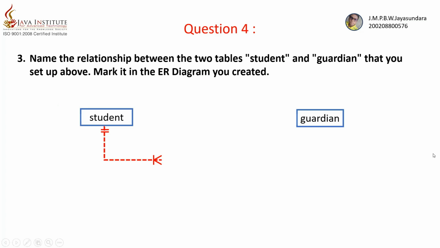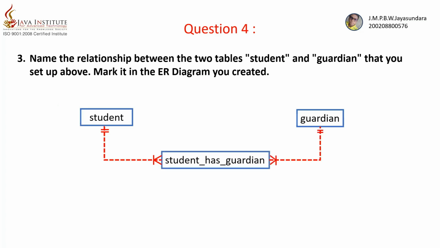When we create a many to many relationship between tables, it's going to create a third table as student has guardian, and the relationship between the student and student has guardian table will be changed into a one to many relationship, as same as the guardian and student has guardian table relationship.